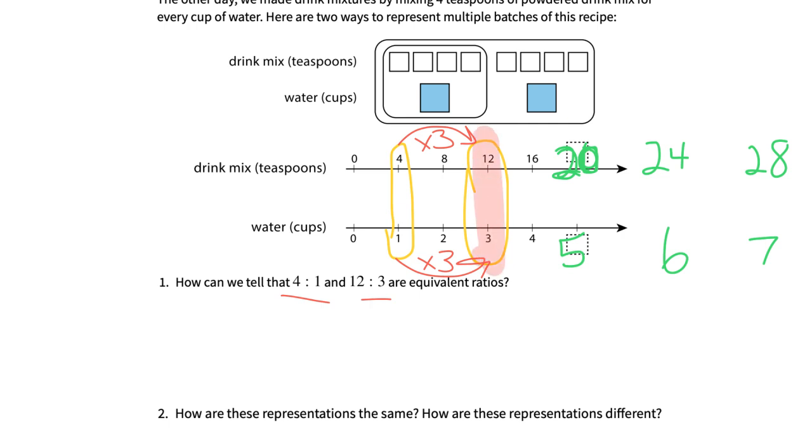Right here, 3 cups of water means we're going to need 12 teaspoons of drink mix right there. And if you look at the picture, that really makes sense, because if we had just added 1 more cup of water, we would have needed 4 more teaspoons of drink mix, and then we would have had 3 cups of water and 12 teaspoons of drink mix. So there is our answer right there.